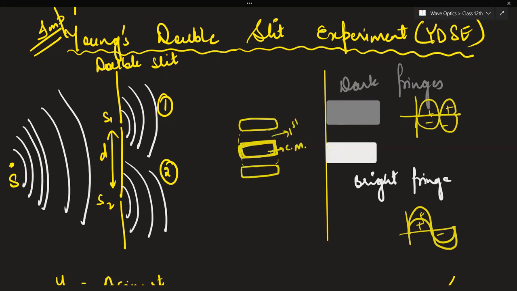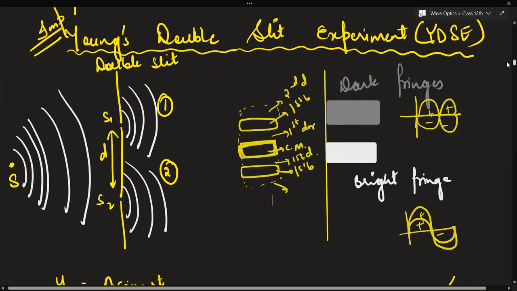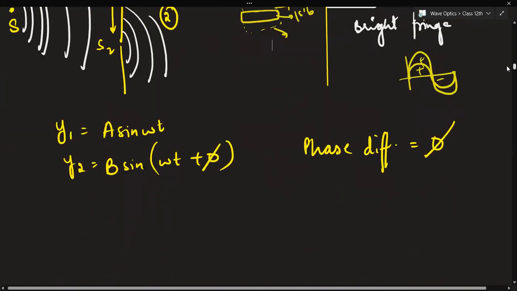Then first dark fringe on both sides, then first bright fringe on both sides, then again second dark on both sides, like this. Such patterns are formed, which is known as Young's double slit experiment.